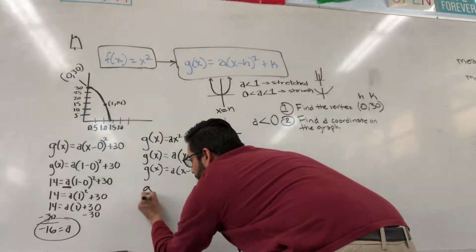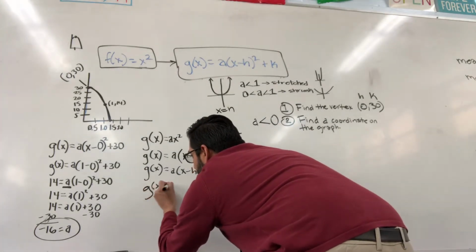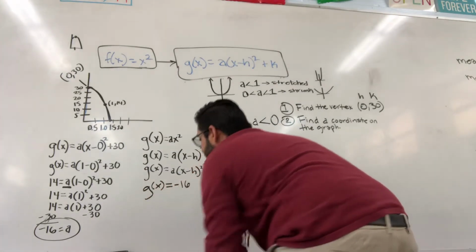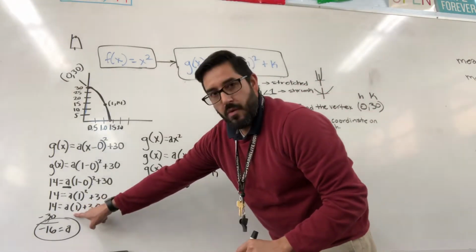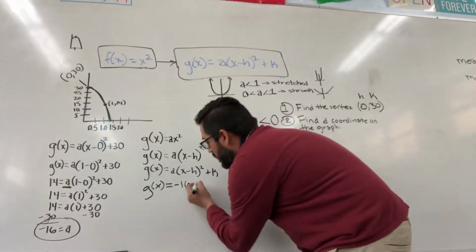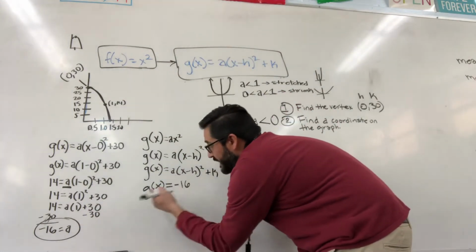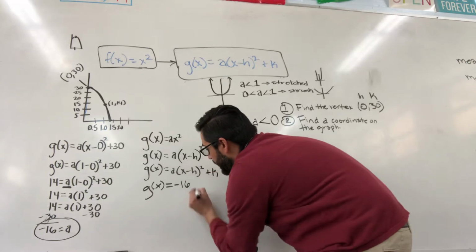Now I know that the function is written like this. Negative 16. Okay. 1 minus 0 is 1, right?